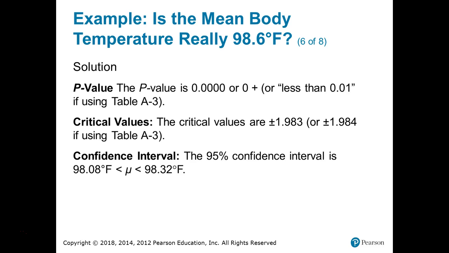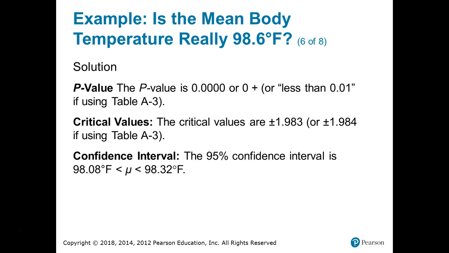Using table A3, if we did the critical value method, we get plus or minus 1.983. Again, it's plus or minus since we're using a not-equal symbol. We are interested in both the left and the right tail. And the 95% confidence interval would be 98.08, which is less than mu, which is less than 98.32.